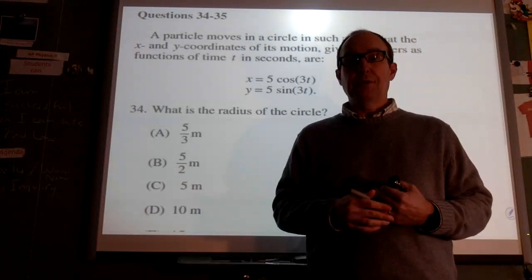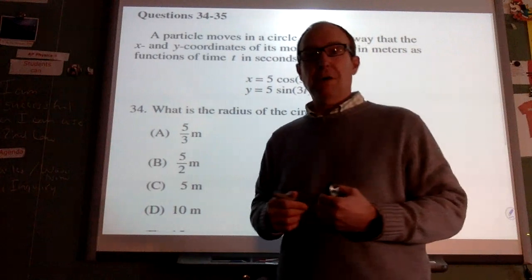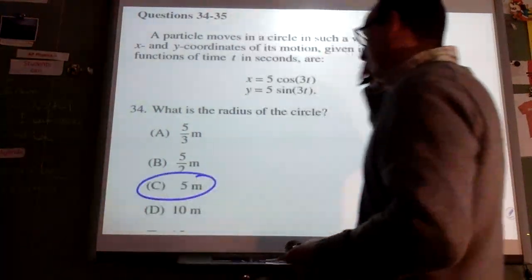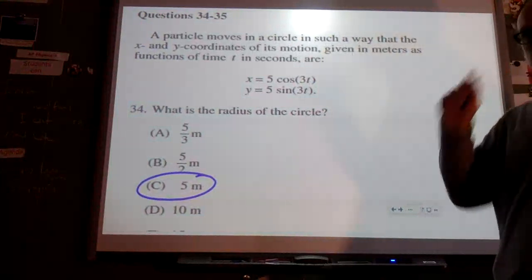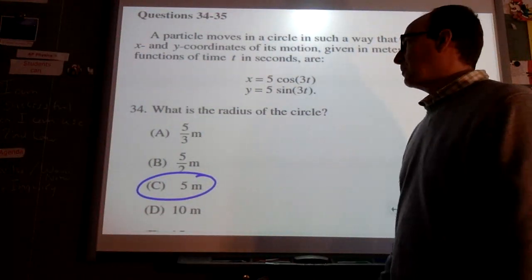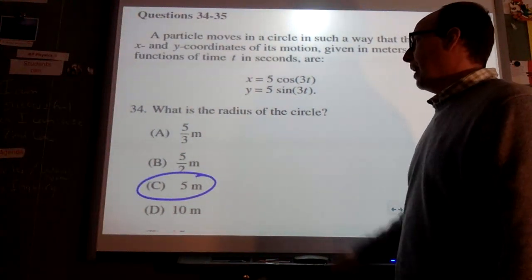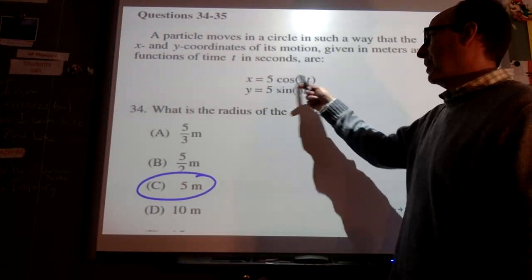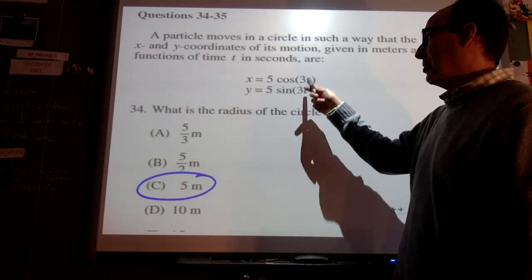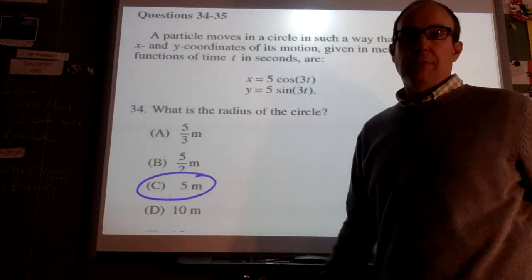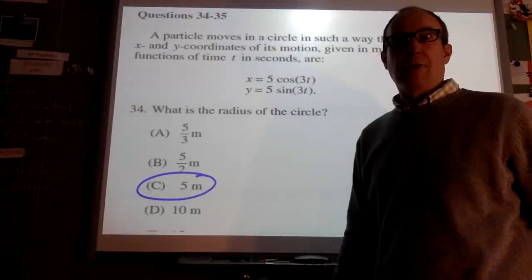What was the amplitude of your sinusoidal function? Your amplitude was 5, so the radius of the circle is 5. When your x is 0, your y is a max, and when your y is 0, your x is a max or a min, a or negative a, as we went around.